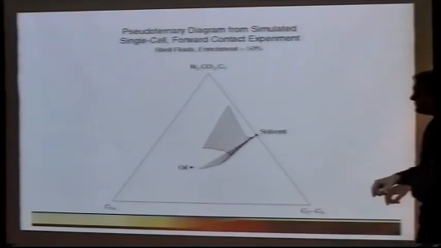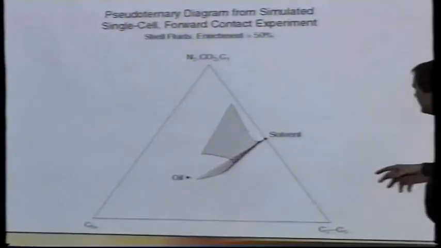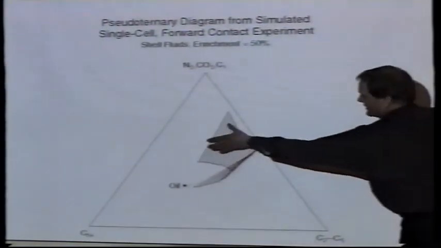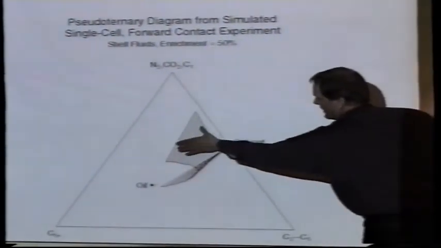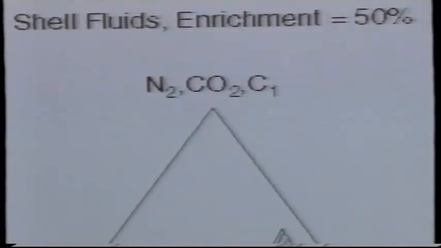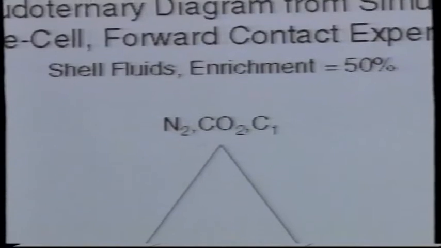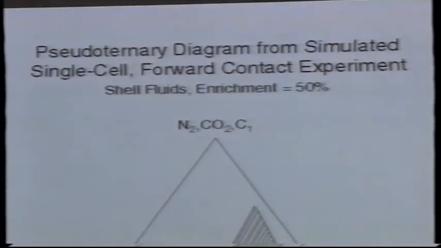Another way of doing it would be to look at the tie line lengths. This is the surface followed by the composition path. That's what I've tried to draw here. And this is for a finite number of cells, so it's still a curved surface.